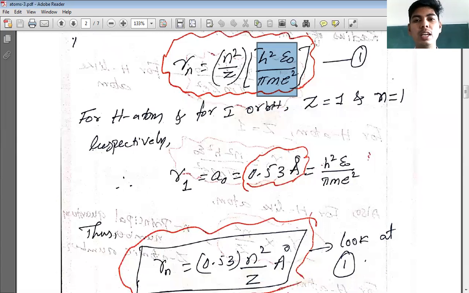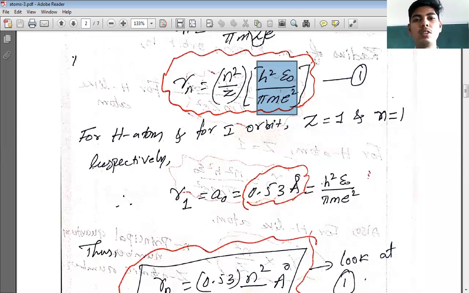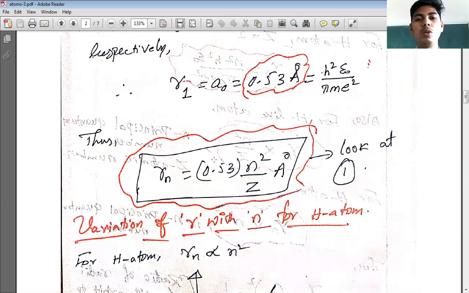So generally the radius of an electron in the nth orbit can be written as 0.53 angstrom into n square by z. Note, the radius of an electron in the nth orbit can generally be written as 0.53 n square by z angstrom. For a hydrogen atom and the second orbit, n is 2, so 0.53 into 2 square, 4, divided by z equals 1, for a hydrogen atom.